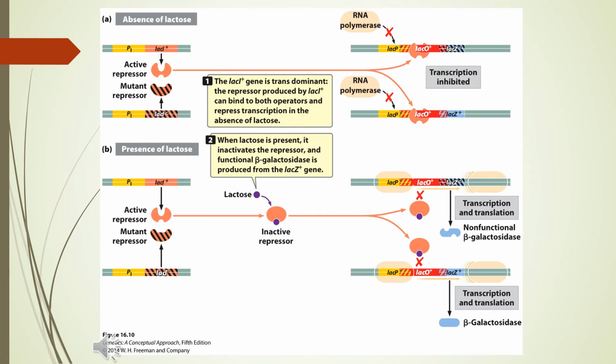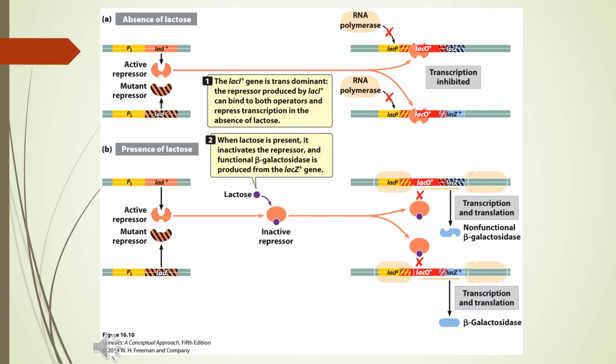When lactose is present, allolactose will be present. It inactivates the repressor, so the repressor cannot bind to the operator region. On the upper side you can expect no transcription and translation and non-functional beta galactosidase, because lac Z here is mutated.